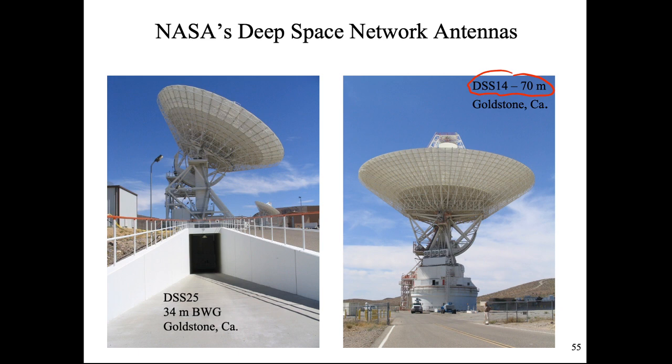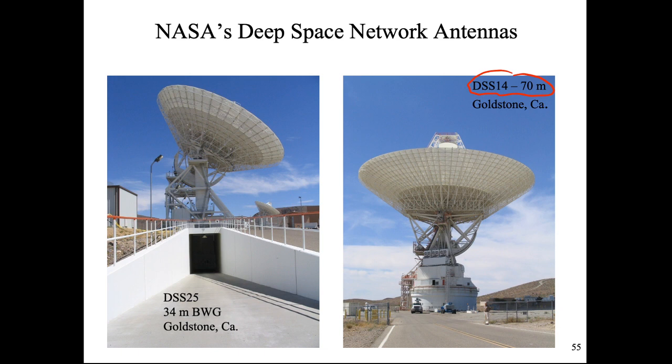So this antenna is used only for S and X band, so wavelengths that are not too short, while the 34-meter antennas work at Ka band as well.